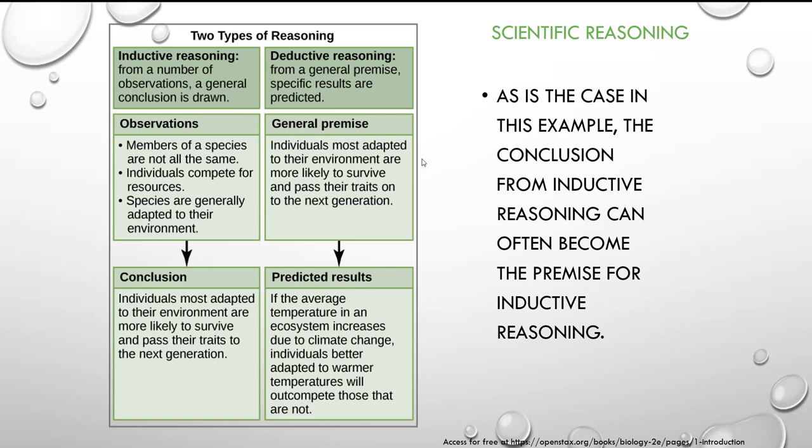So taking that conclusion, I can make a prediction that if global warming is going to take place, those already adapted to warmer temperatures will do better and outcompete those that are not. Okay, so deductive reasoning, I am taking what I already know and predicting the future. Inductive reasoning, I'm making observations and coming up with a conclusion.